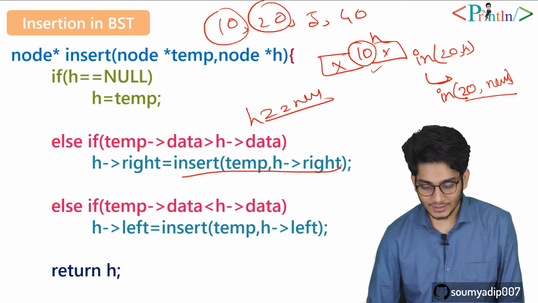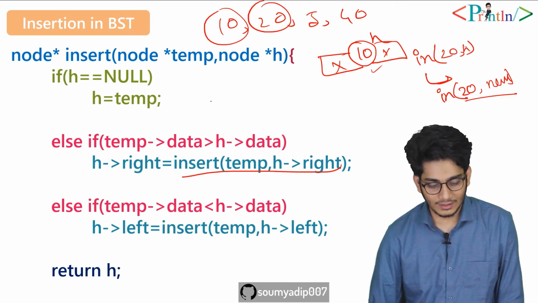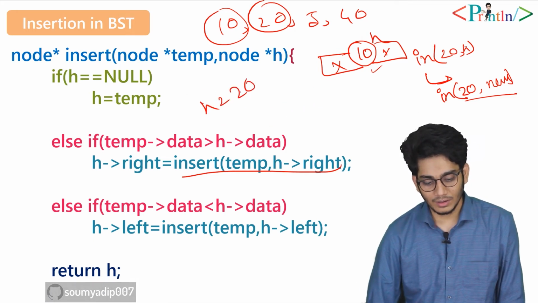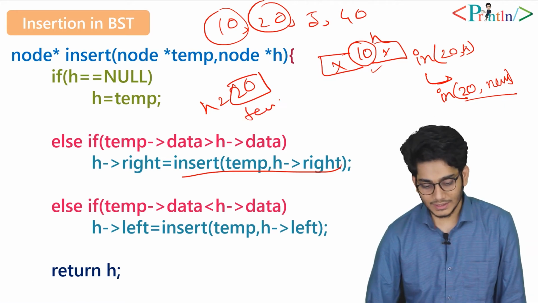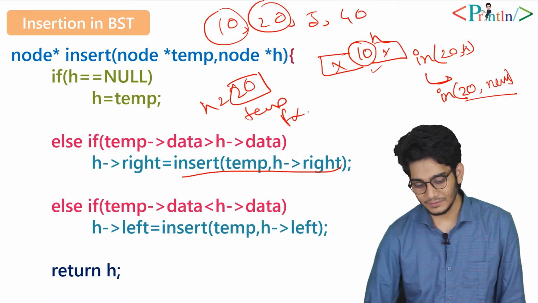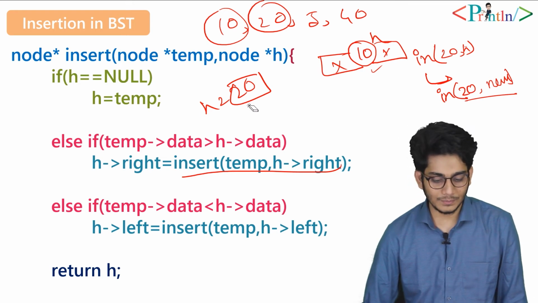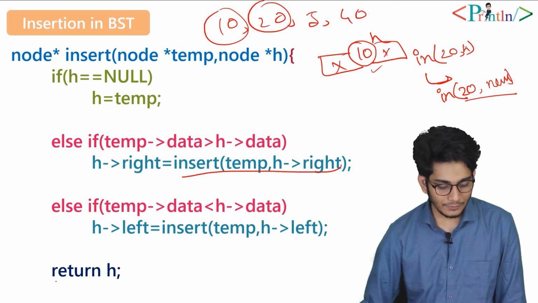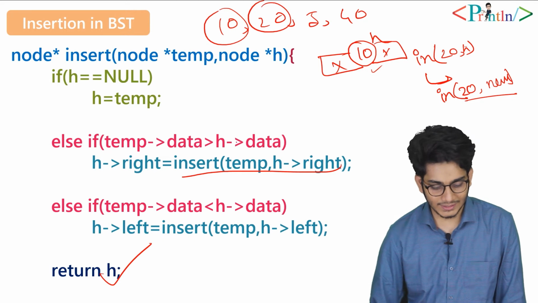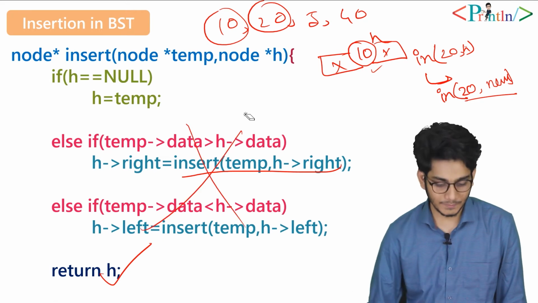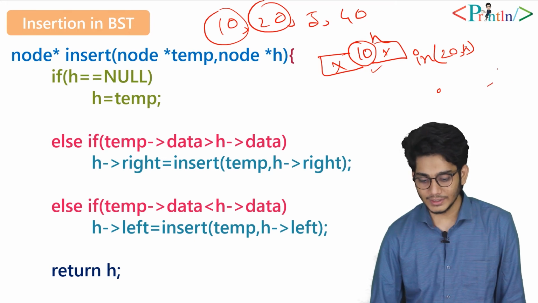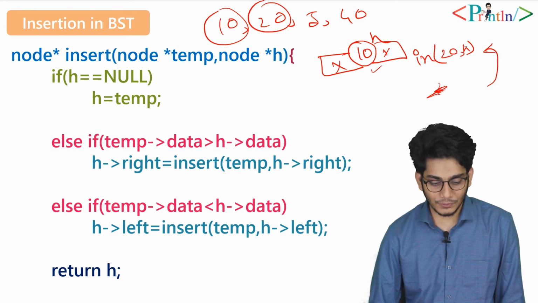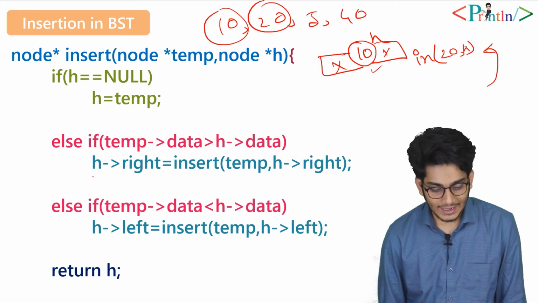Within temp we have 20, and let's say the address of temp is fx, whatever. We'll simply assign that and return h. So these conditions won't be executed. We'll return h, and that h will be received at h right.